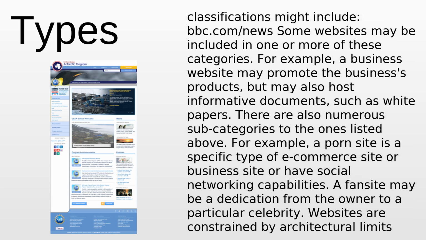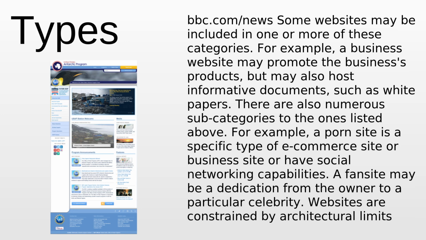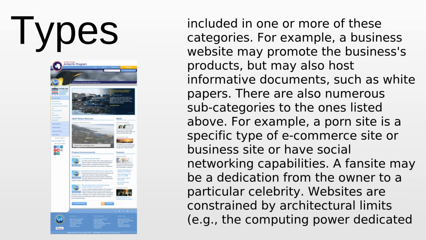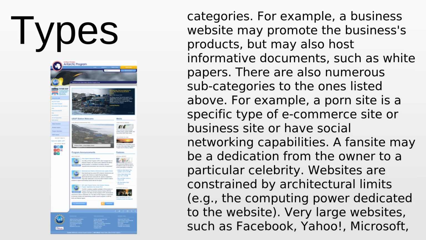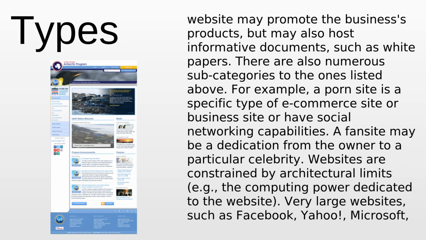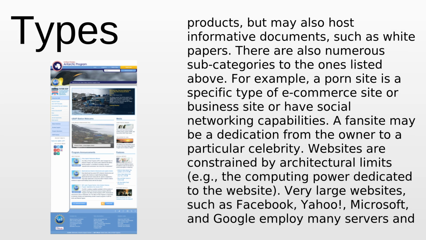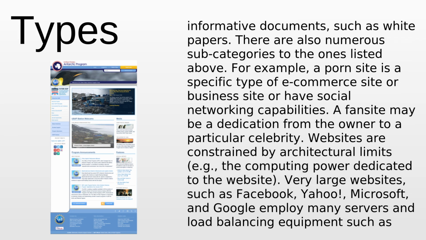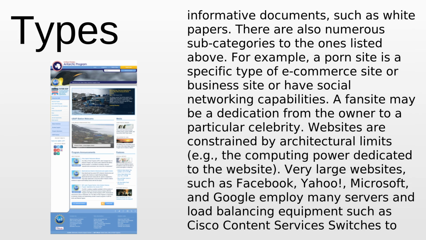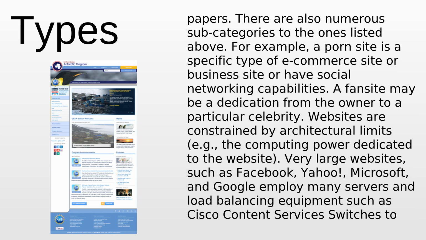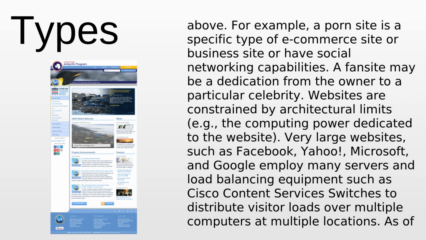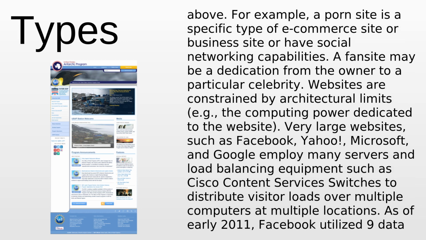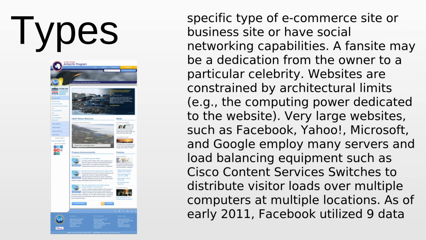For example, a business website may promote the business's products, but may also host informative documents, such as white papers. There are also numerous subcategories to the ones listed above. For example, a porn site is a specific type of e-commerce site or business site or may have social networking capabilities. A fan site may be a dedication from the owner to a particular celebrity.